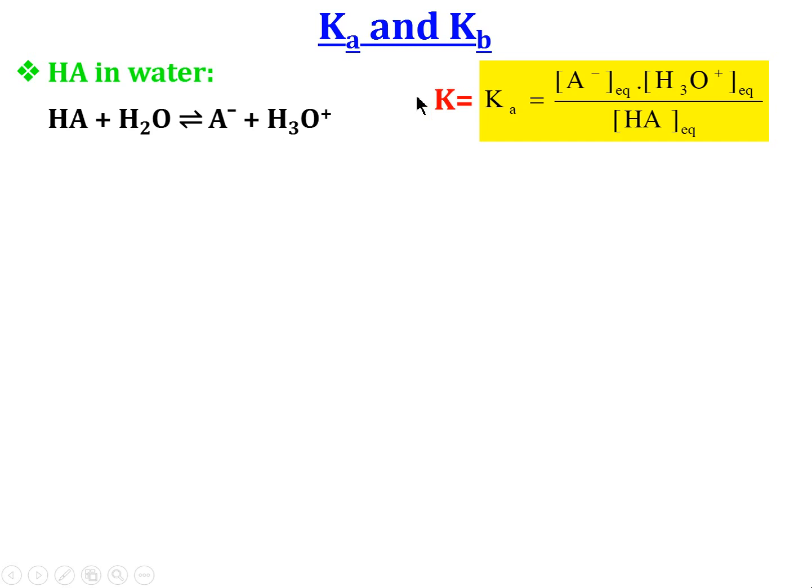Since this value K is directly proportional to the concentration of H3O plus, as K increases, H3O plus increases. So this equilibrium constant is an indication about the acidity of a solution. For this reason, we note it Ka, the acidity constant.